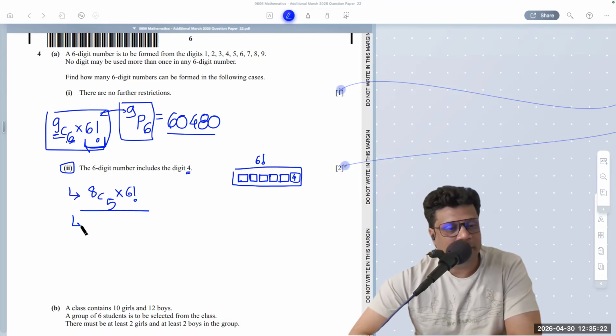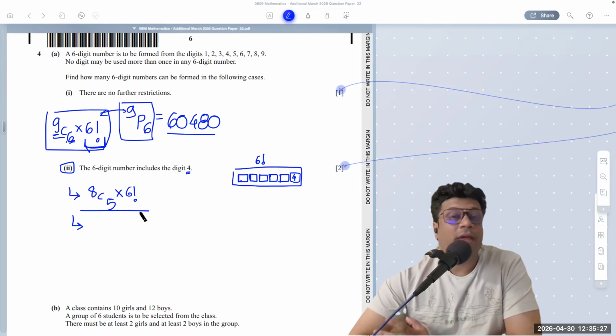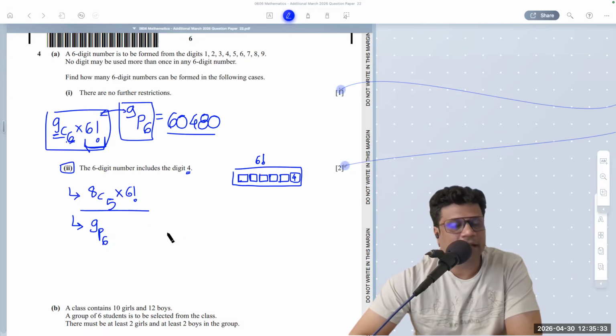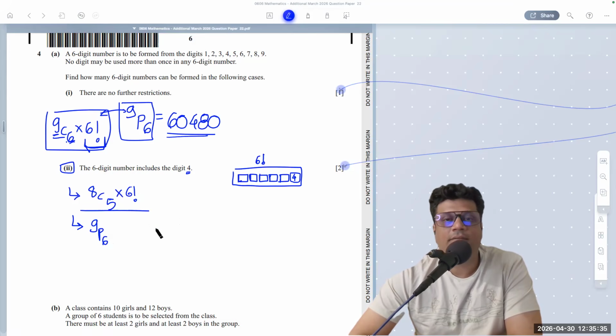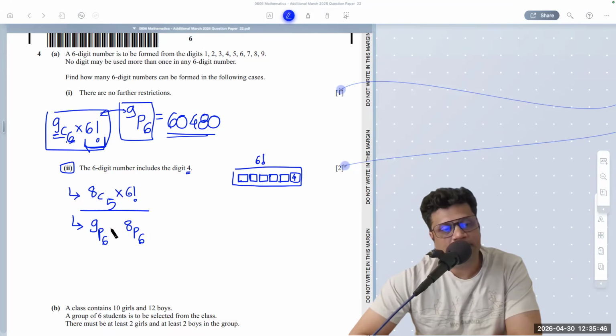Okay. Another approach. What they may want to do is take all the permutations that you have found out here, and all the permutations without the 4, so 8P6, and subtract them.